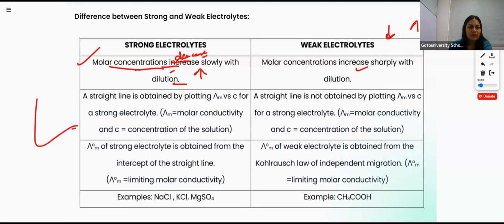For strong electrolytes, there is a straight line graph plotted between molar conductivity and concentration. Okay, and here no straight line is obtained. For strong electrolytes, the limiting molar conductivity is obtained from the intercept of the straight line. Okay.